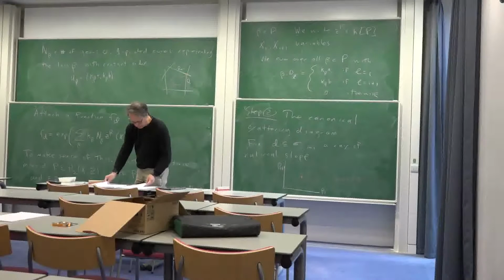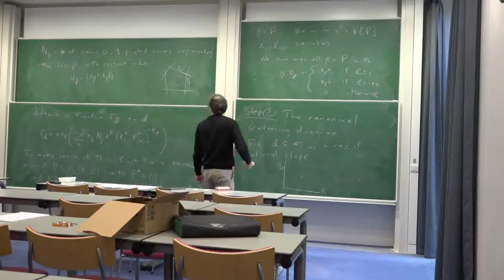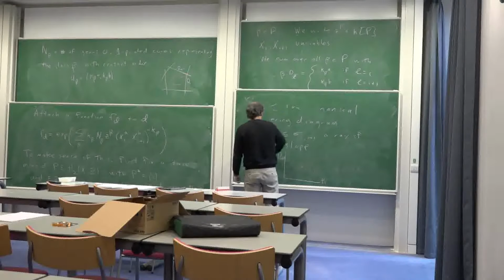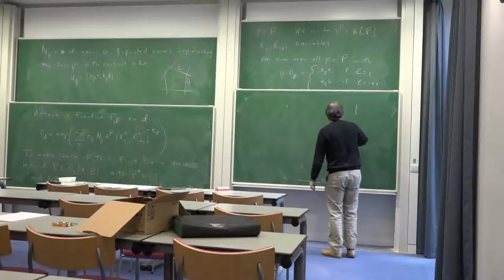Now, because I'm tempted to show you how wonderful that K beta is now, let me skip ahead in my notes for just a minute, and do the example. So let's go back to the Del Pezzo surface of degree 5.